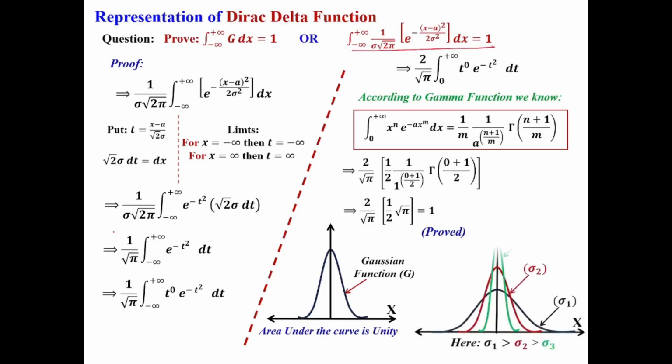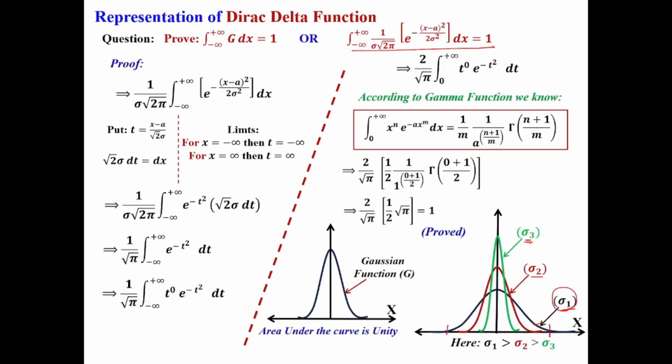Now one beautiful thing that we can observe is what happens if we change the sigma value. If I increase the sigma value, here you can see the black color belongs to sigma 1, the red one is sigma 2, and the green one is sigma 3. As I am increasing this sigma value, this Gaussian function is spread over the space.